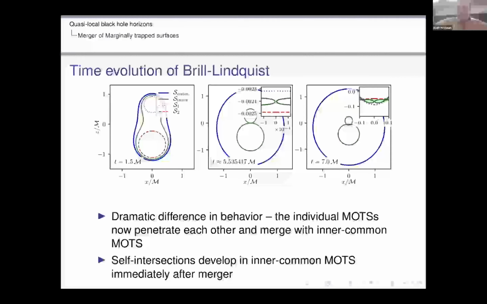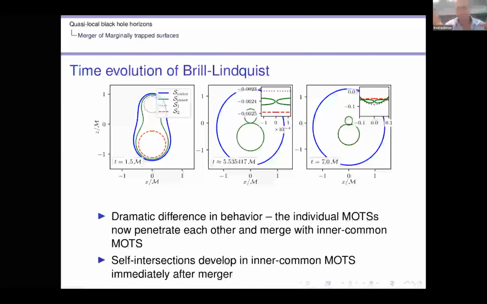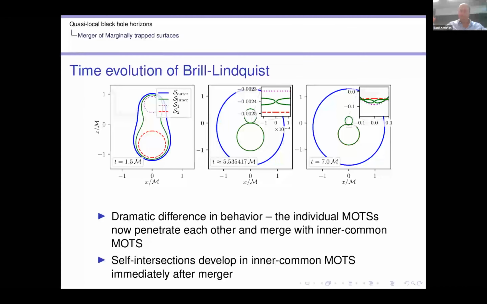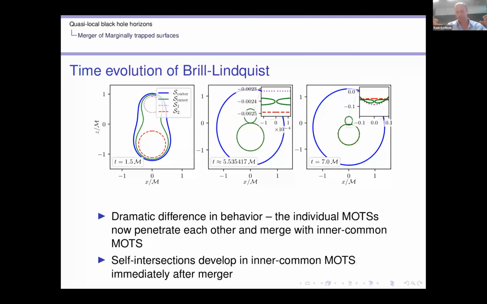At very early times, if you start off with a large separation between the two black holes, you just have the two horizons which contain the two punctures. As these punctures move in, a new horizon appears outside both of these individual horizons.